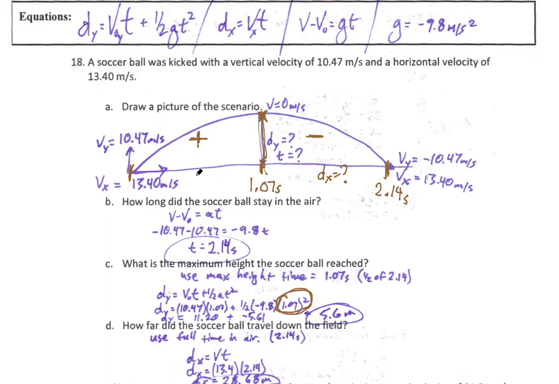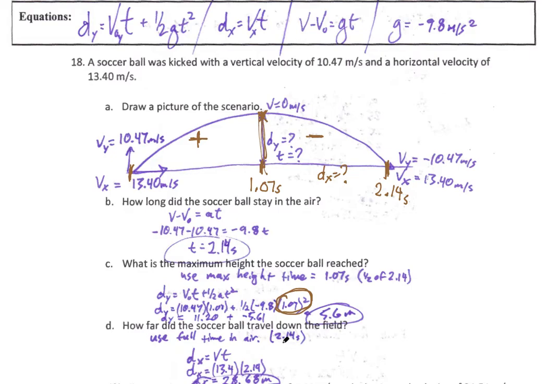Again, we're using that time because we know conceptually halfway through is our maximum height and also our initial velocity there. Okay, so moving on. How far did the soccer ball travel down the field? Well, we know that it was in the air for 2.14 seconds.